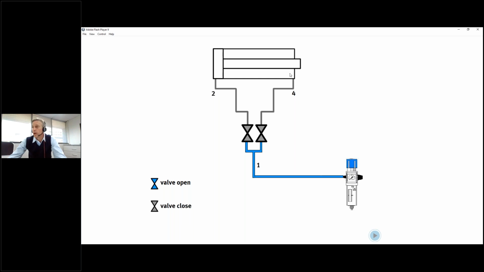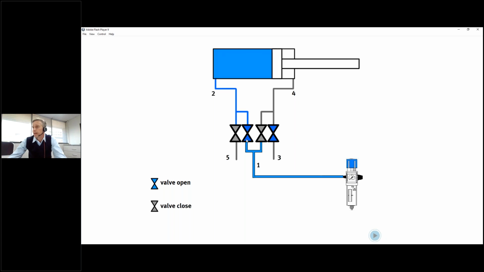But we also need to open port 4 to atmosphere for the air in front of the piston to escape. So we add port 3 and 5. If we open up port 2, then from port 4, it escapes through port 3 to atmosphere.